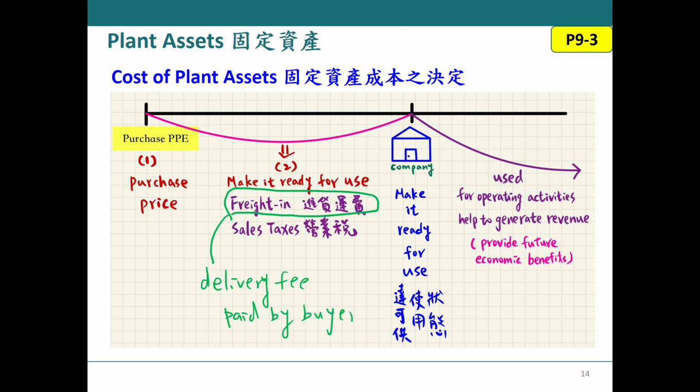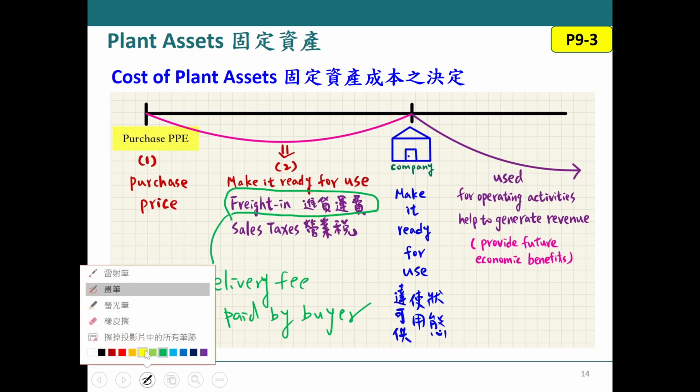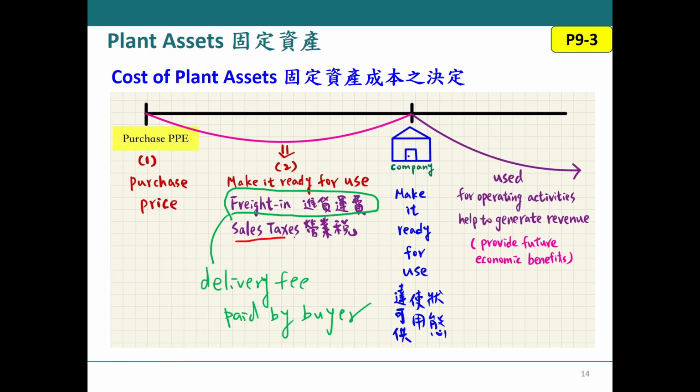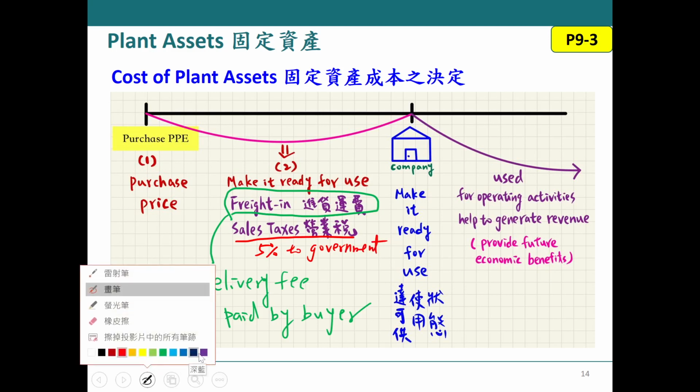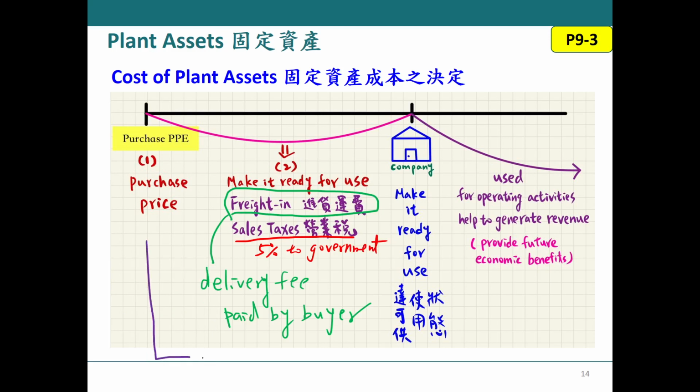Buyer, you, right? You are the buyer. Sales tax in Taiwan, we always have to pay 5% to the government. So during the whole process, 1 plus 2, that's the cost of your PPE.